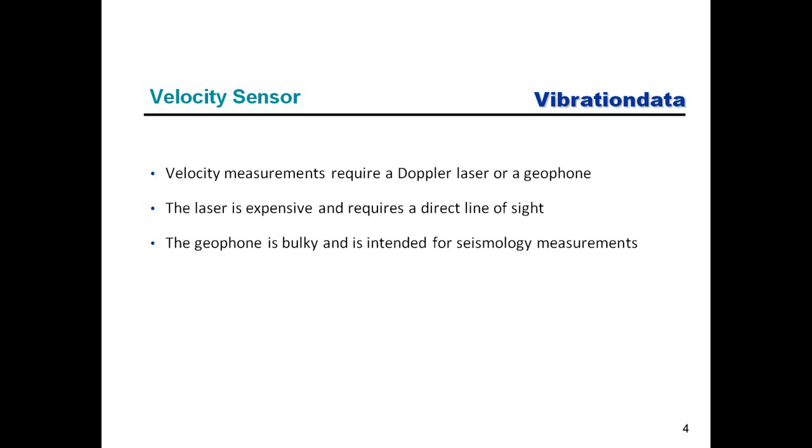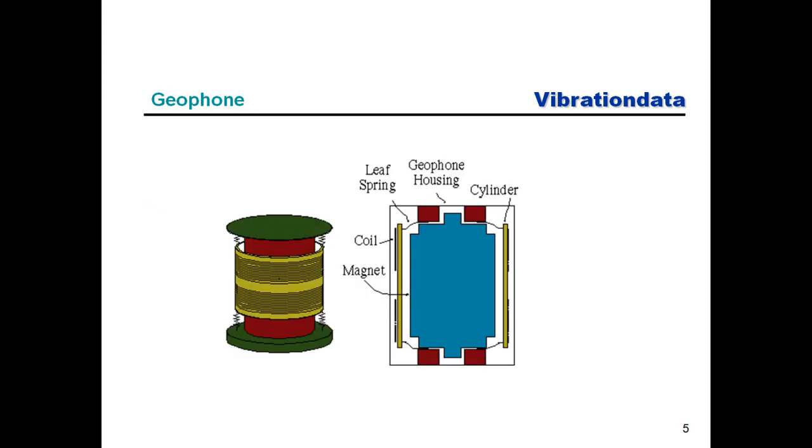So the geophone, this is used in oil exploration and seismology, and it's rather bulky. And here's a geophone. The diagram shows that there's a magnet at the core, then there's an outer coil and a leaf spring, and then you can see the cylindrical housing there. So the idea is that this might be, for example, mounted in the ground or on a floor, and there would be relative motion between the coil and the magnet.